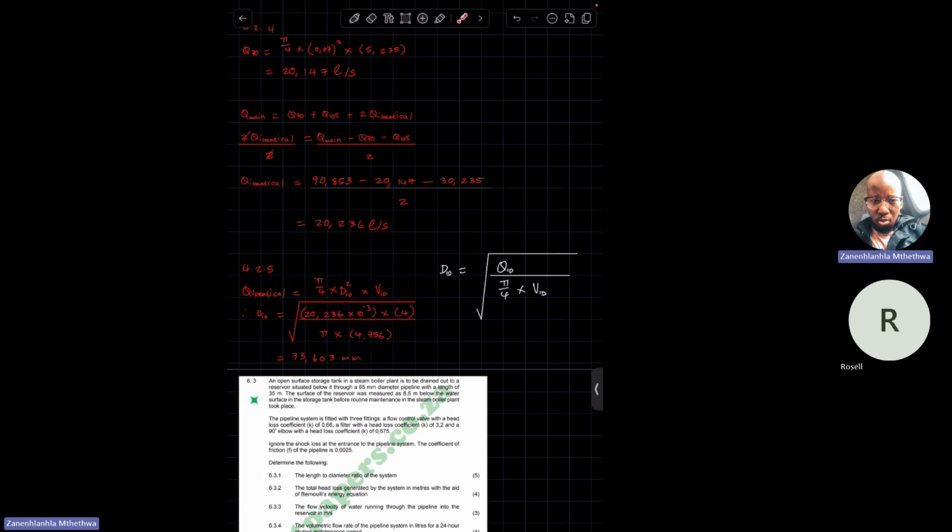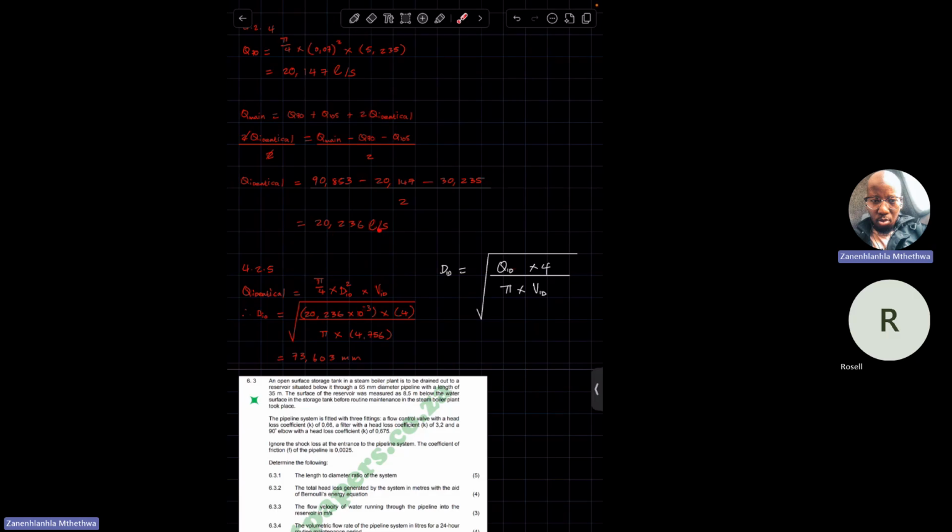And then all I did here was, instead of writing this as a fraction, I simply multiplied by 4 both sides. Hence, this then becomes pi here, and this is multiplied by 4. And then of course, in substituting, Q identical is this here.